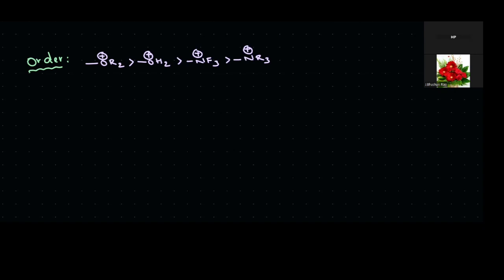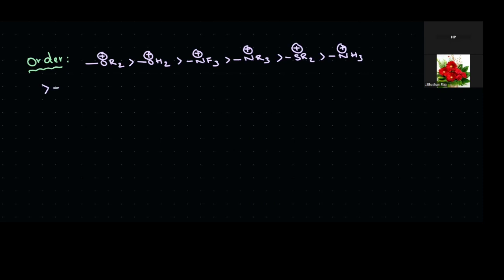After that SR2 plus, this group also effectively withdraws electrons. Next NH3 plus. So these groups alone withdraw electrons from the carbon chain. Next, after the NH3 plus ion, which is very important, is the CX3 group.